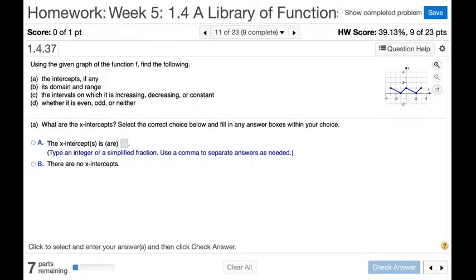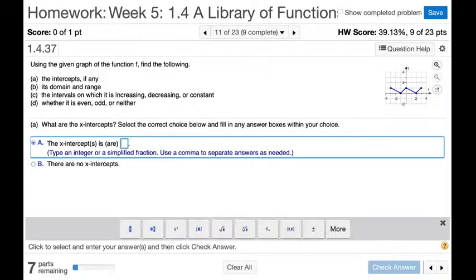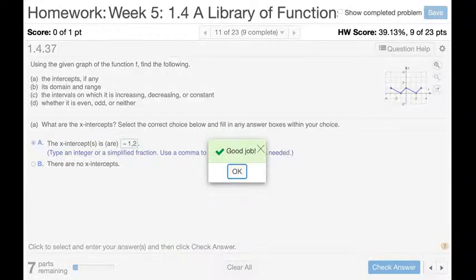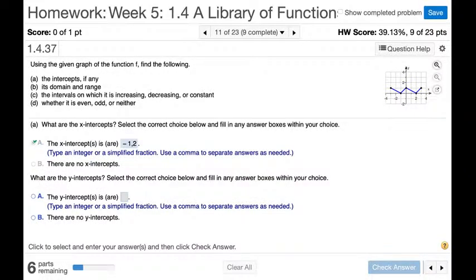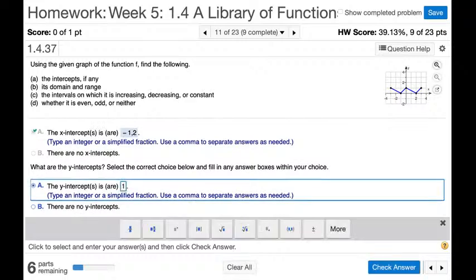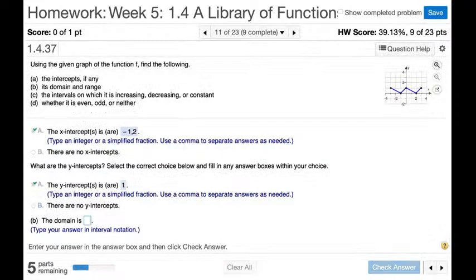Are there any x-intercepts? So it looks like the x-intercepts are -1 and 2. Y-intercept is what, 1? The domain goes from -3 to, looks like, 3.